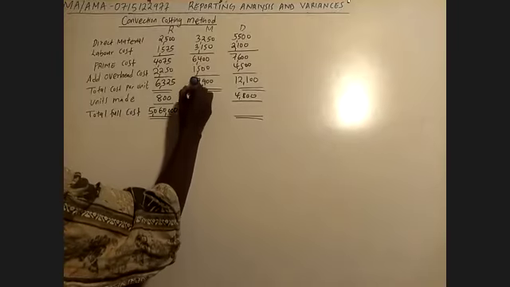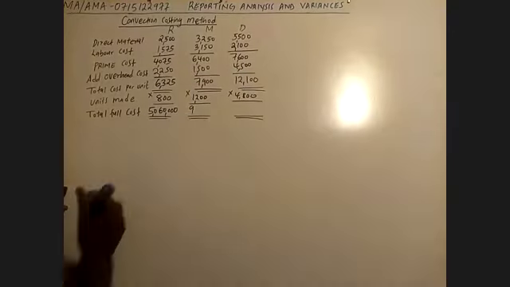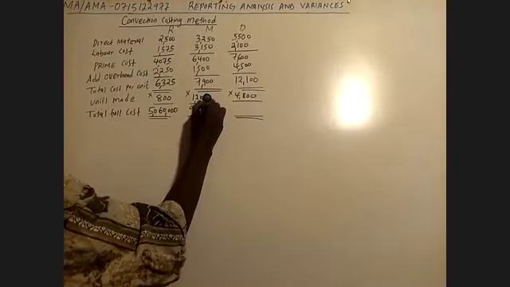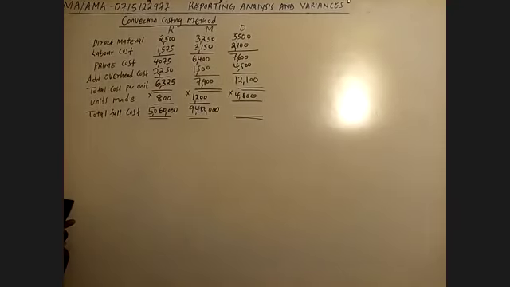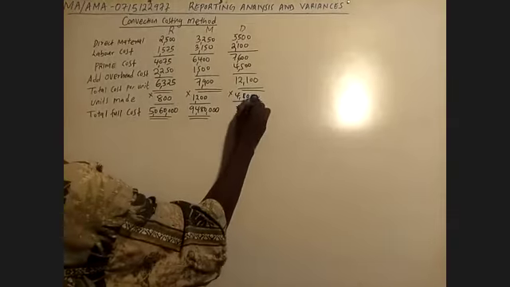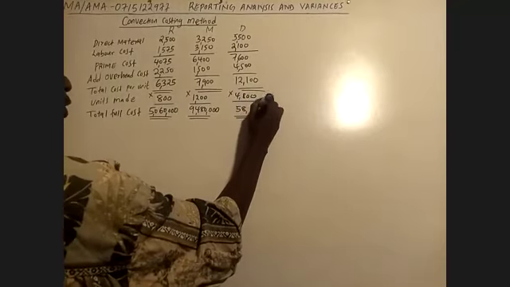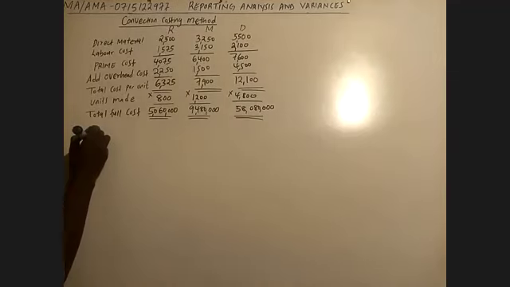So you multiply this with the units. It will be 94,000, then 12,100, then 48,000, which is 58,080,000.